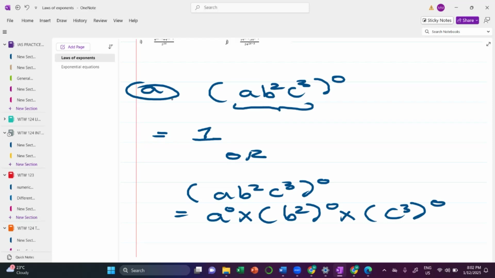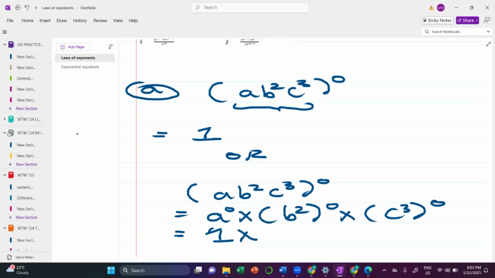And what is A to the exponent of 0? What is A to the exponent of 0, my dear learners? 1. It's going to be equal to 1. Multiply by B squared to the exponent of 0.